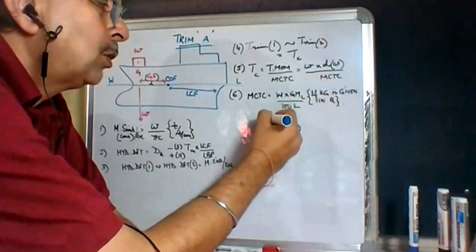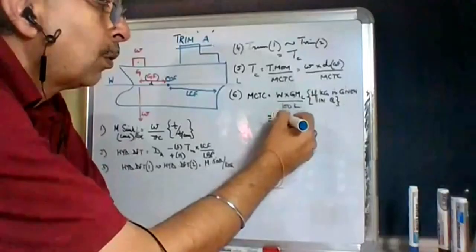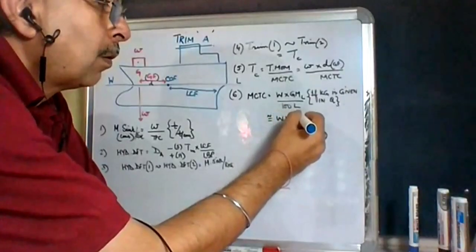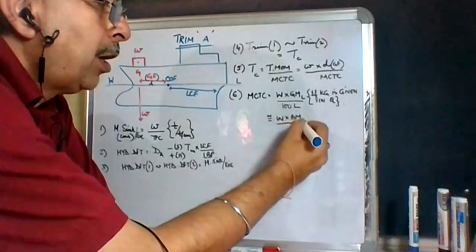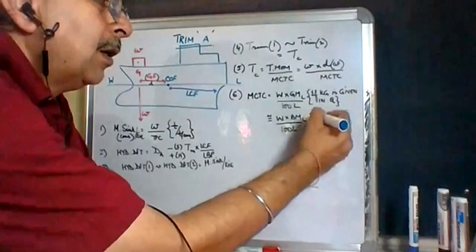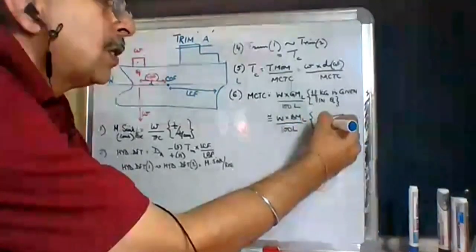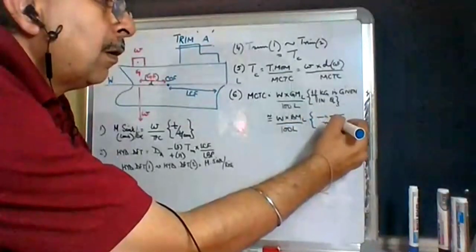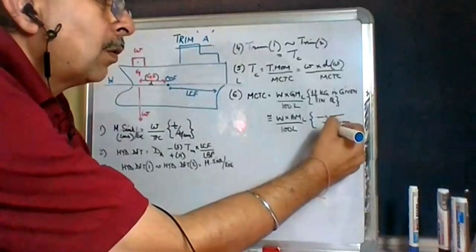And this is also approximately equal to W into BML upon 100L, which will be used when KG is not given in the question.